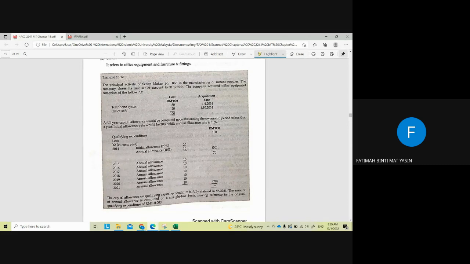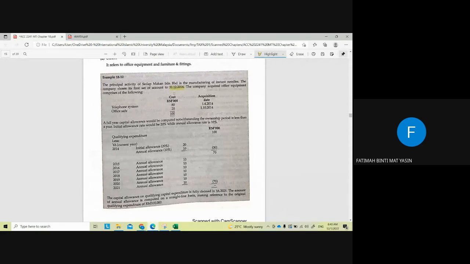Example 18.5. The principal activity of Sedap Makan Sdn Bhd is the manufacturing of instant noodles. The company closed its first set of accounts to 31st December 2014. So you need to know when the financial year ends, or when the basis period is, because you want to determine when the company can claim its initial allowance.